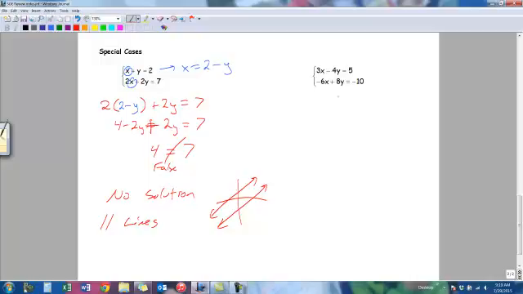All right. Now, the other scenario is this one. This one, let's solve by elimination. If we were to eliminate, let's get rid of the x's. I have 3 and 6. I can make that 3 become a positive 6 by multiplying the top equation by positive 2. So this would be 6x minus 8y is equal to 10.